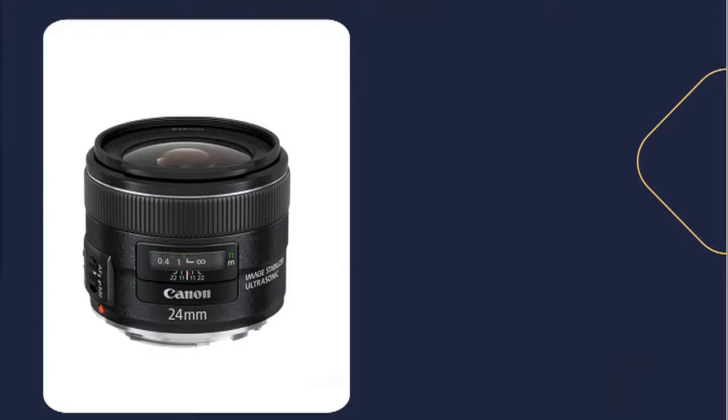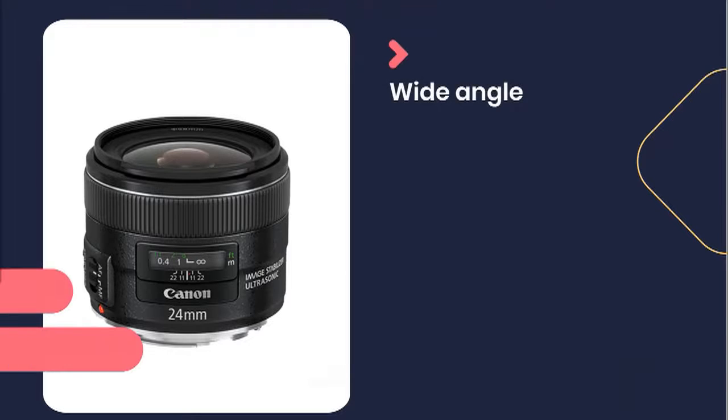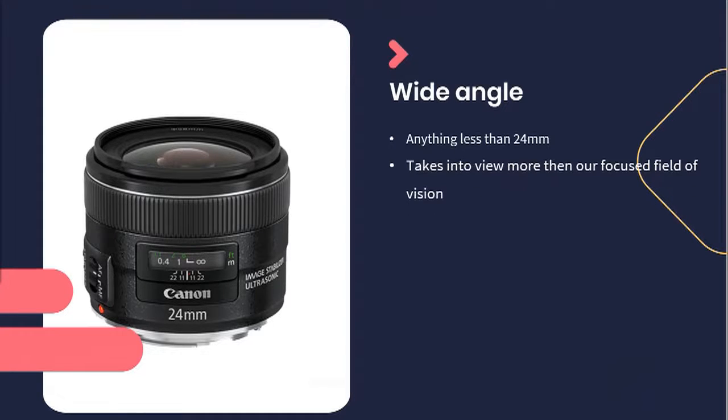Now, moving the other way to our wider lenses, let's have a look at our wide angle lenses. Typically 24 millimeters, and anything less than that, are considered wide angle. They take more into view than our focus field of vision, so always remember to check the edges when you're using these types of lenses. Some distortion will appear at the edges the wider that you go.